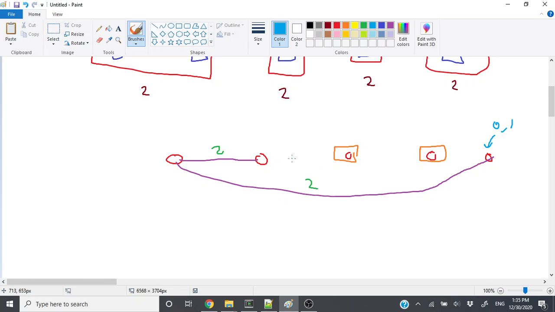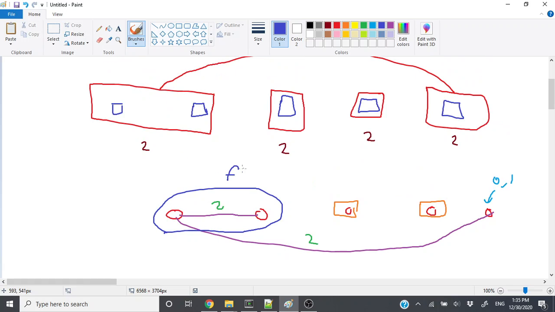This can either be 0 or 1, and then whatever this is, considering the entire rest of the tree, consider some function f that returns the number of ways this can be represented. Like f of tree is equal to ways.